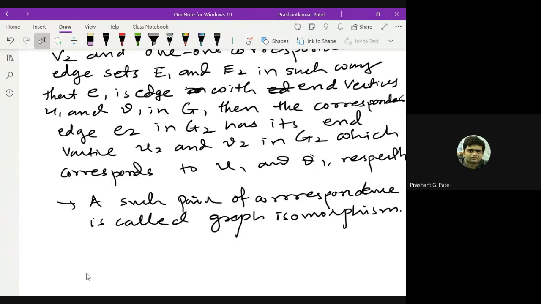So in other words, I can say two graphs G1 and G2 are said to be isomorphic if there is a one-one correspondence between their vertices and between their edges such that the incidence relation is preserved.